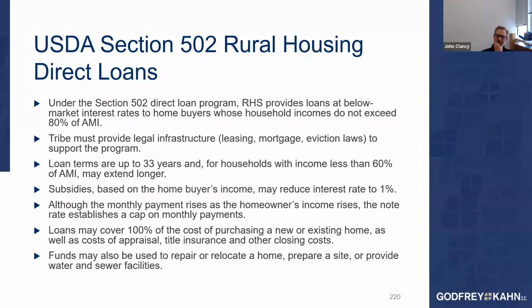So the same kind of issues come up because, in this case, USDA is a direct lender, but they want to make sure that this can be treated as close as it can to a typical off-reservation mortgage situation, where the homeowner enters into a mortgage and can be foreclosed upon and evicted essentially if they don't make the payments.